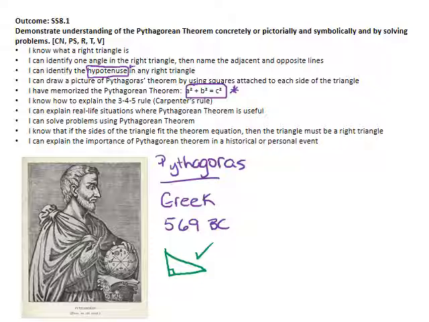We'll give him a check mark for that one. But he also had some very other crazy ideas, such as there was no such thing as irrational numbers. So, for example, if you try to do 22 over 7, that will be a decimal that just goes on and on forever. So he didn't think that those existed.